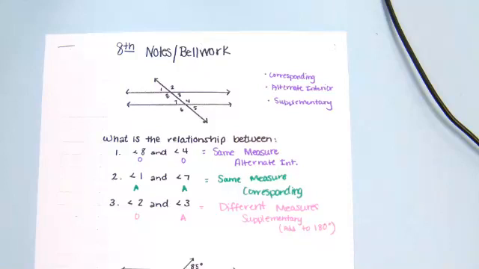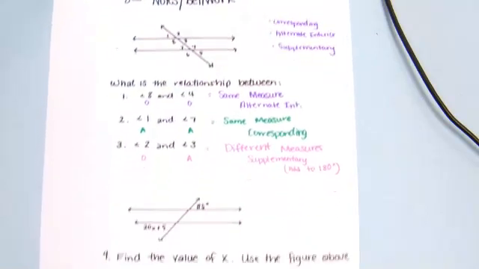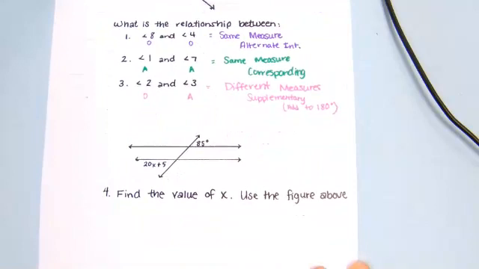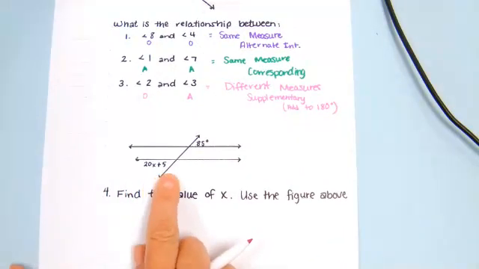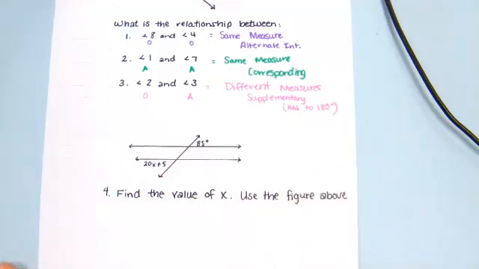Then we moved on yesterday to doing some algebra with this sort of vocabulary, okay? So here's the algebra. This is what we did yesterday. Algebra just means that there's a variable involved, okay? So we have 20x plus 5, and we've got 85 degrees on here, okay? So what you need to do is look at the actual angles.